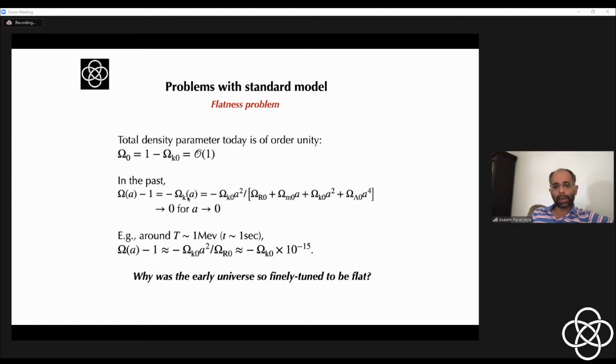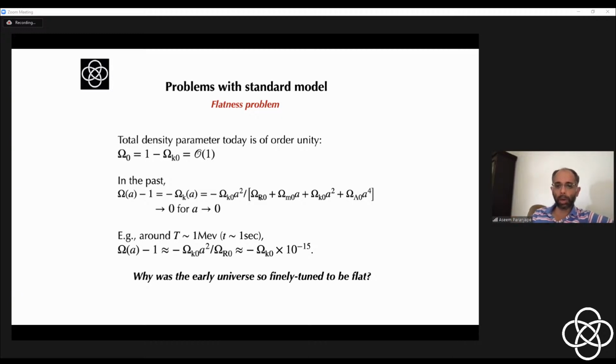So why am I writing it like this? Because now take the limit where a goes to 0, which is the early time limit, remember. At early times, a is very small. So as a goes to 0 or as a becomes much less than 1, what happens here? In the denominator, I have terms like a to the power 4, a squared, and a, and then a constant coming from radiation. So this constant is obviously going to dominate eventually, right?